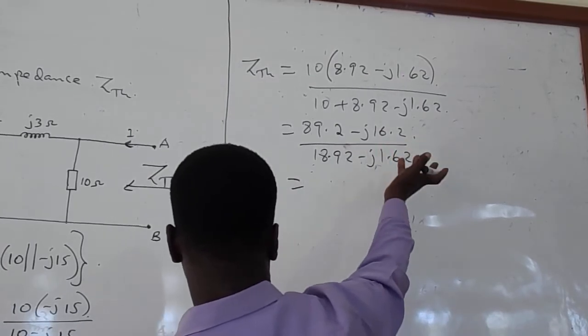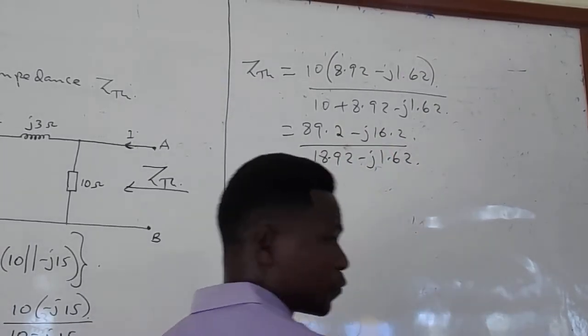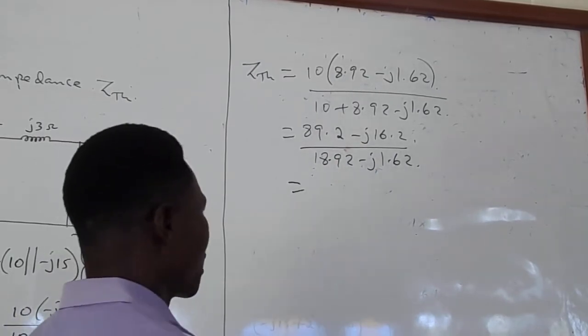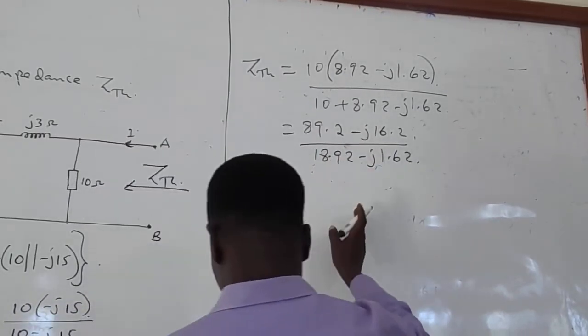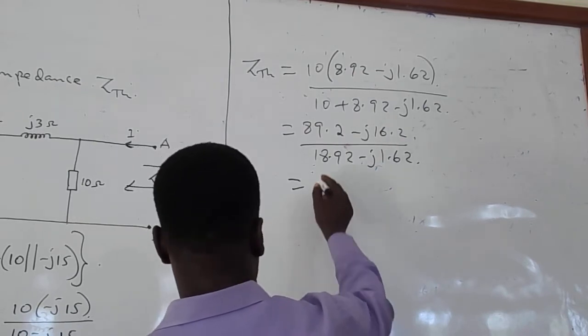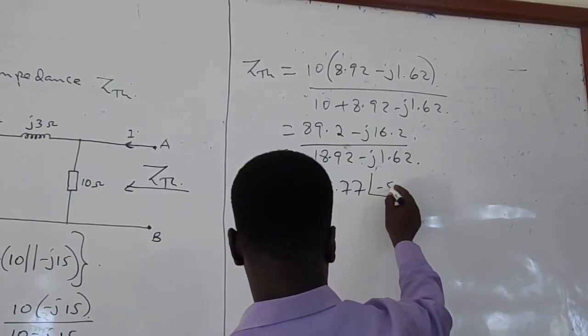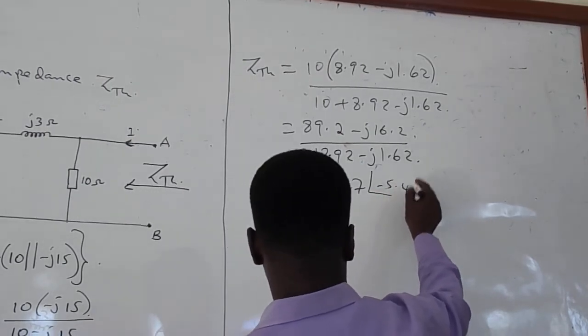So the result that will be obtained from here, which you can convert into polar form for easy division, or you can divide them in rectangular form, is equal to 4.77 at an angle of negative 5.4 degrees.